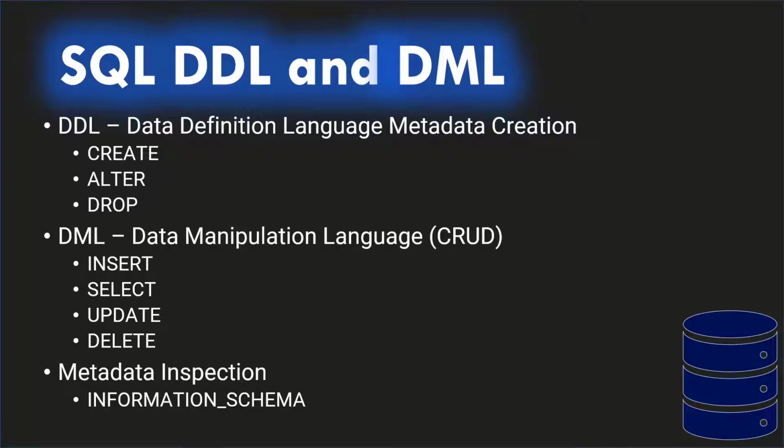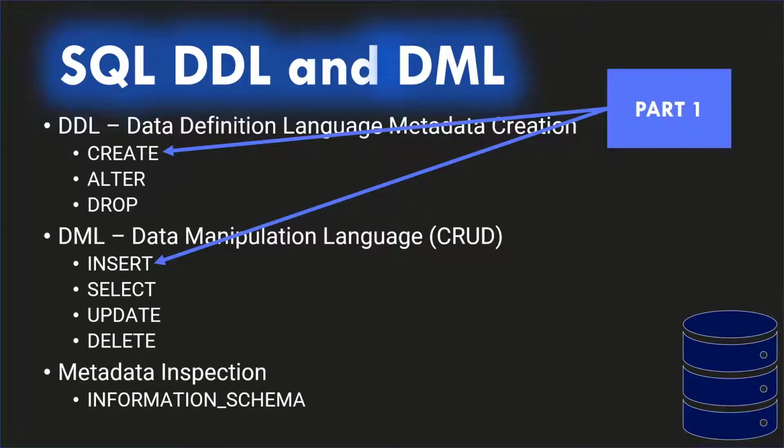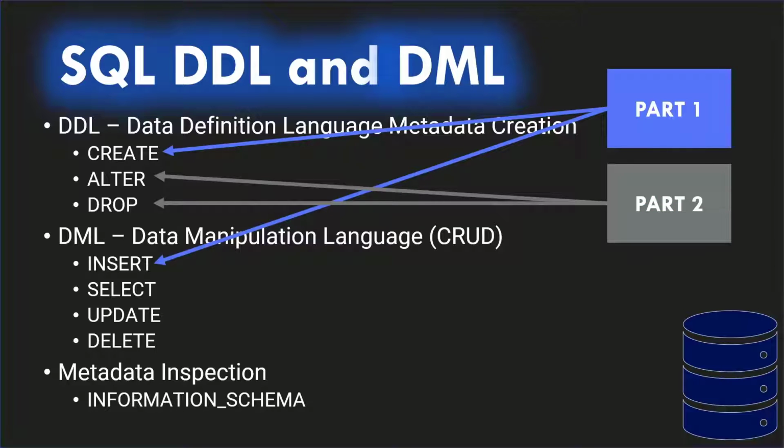This series will be broken up into 4 parts. The first part will cover creating tables and inserting data. The second part will cover altering tables using the alter table statement, and we will add different constraints to the tables, and we'll also learn about drop table at that time.